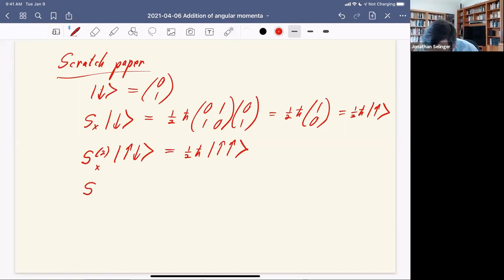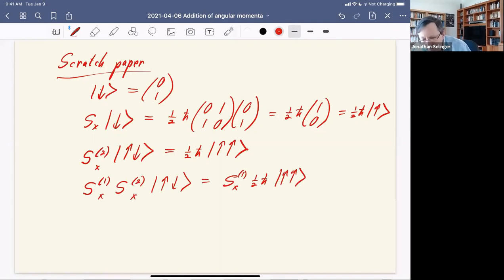And then the x for spin 1 comes along and acts on this thing. That's S1x acting on a half h bar up, up.